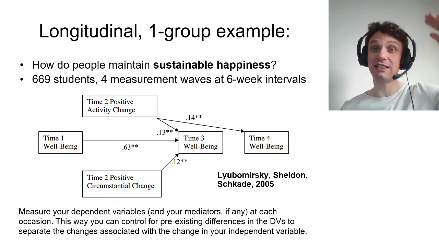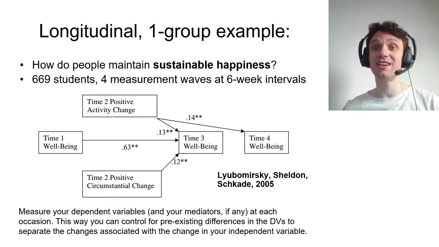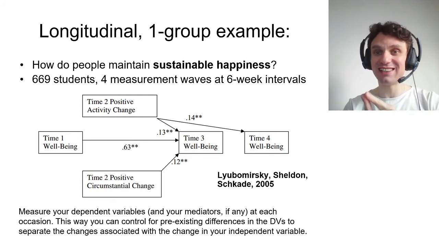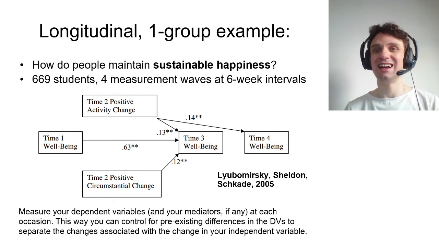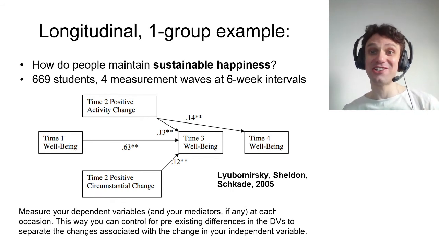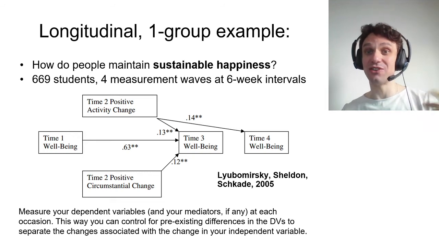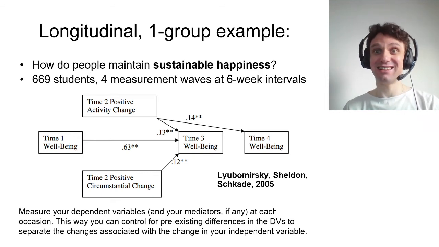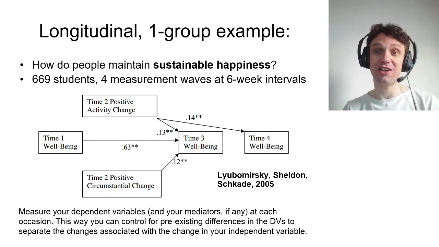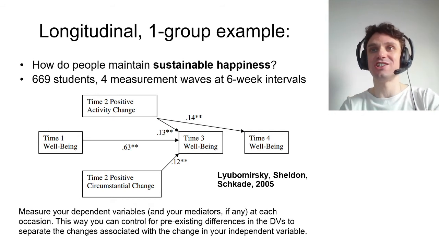Students made lists of things that have changed, and then researchers coded whether it was a change in circumstances, for example, I got a new car, or I got a new apartment, or a change in activities. For example, I started learning a new language, or I established a new relationship, or I started a new hobby. And for each type of change, they had a quantitative measure, which was the number of changes.